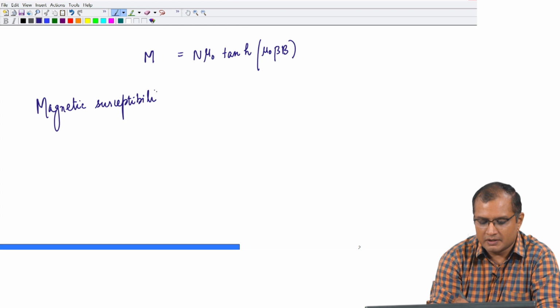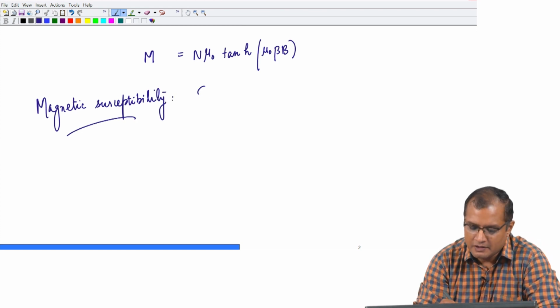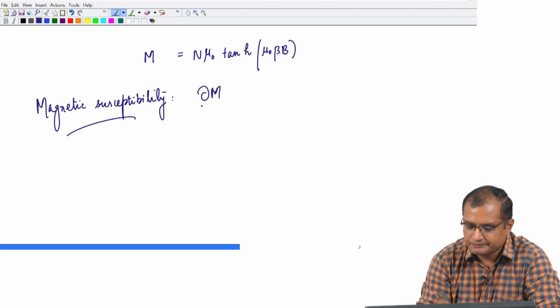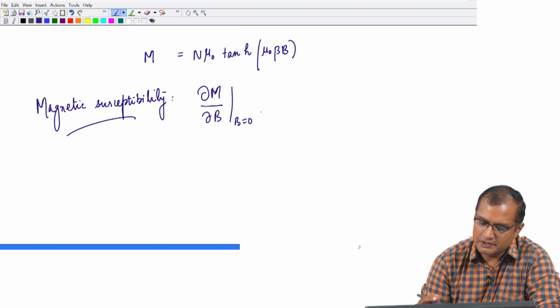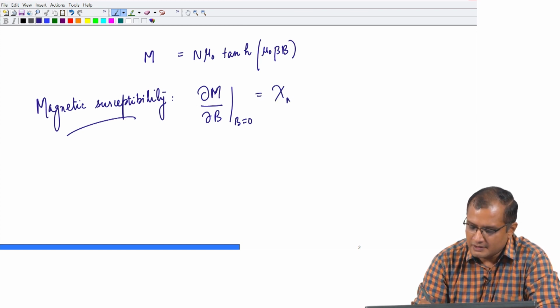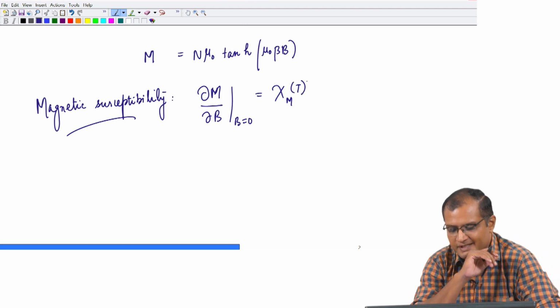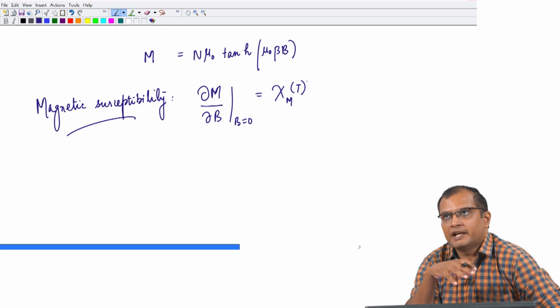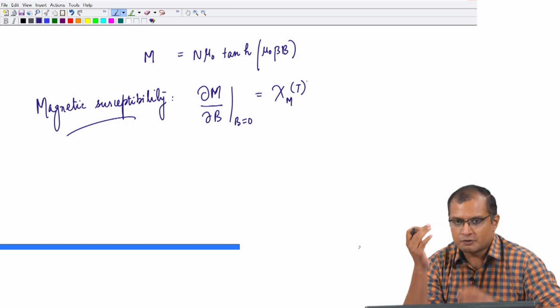which is nothing but the derivative of magnetization with respect to field at zero field. This is the magnetic susceptibility at some temperature T. It tells you basically how m can be expanded in powers of B for small values of field.